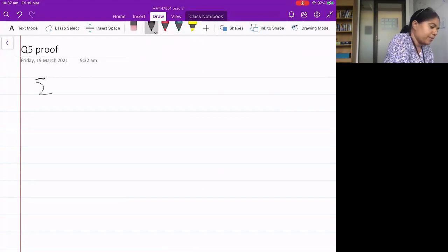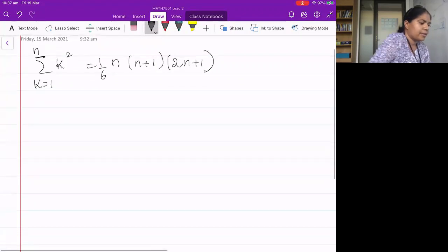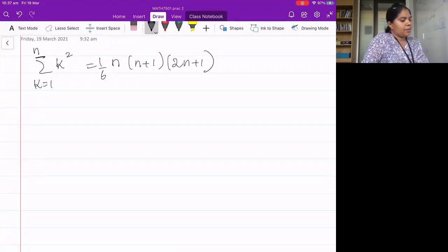This time the formula is the sum of k squared, k goes from 1 to n, which should be 1 over 6 n times n plus 1 times 2n plus 1. I think we came across this in the second track, where we computed this using Mathematica.